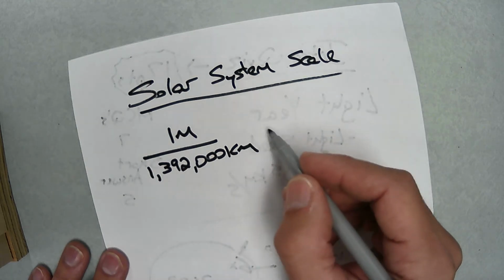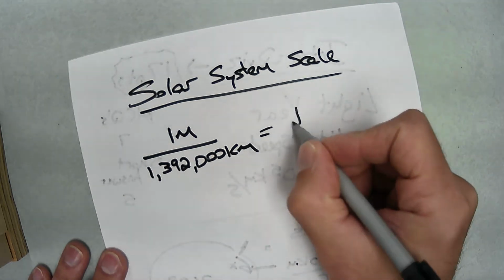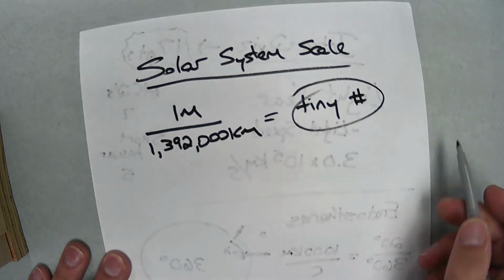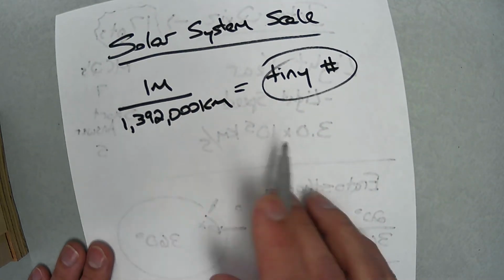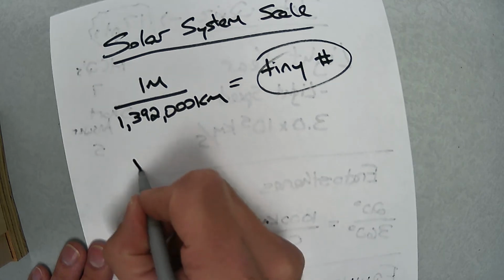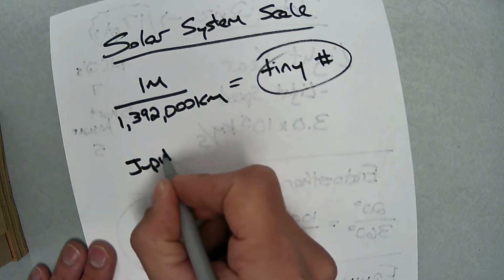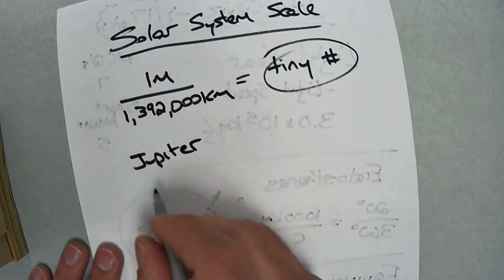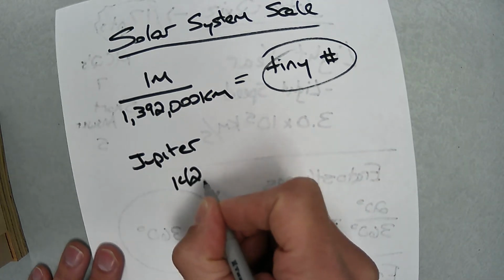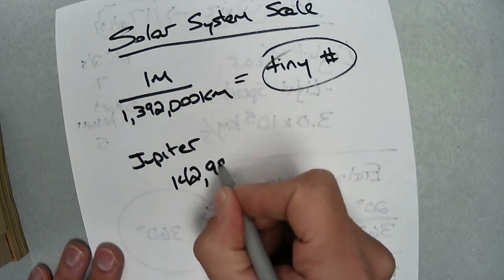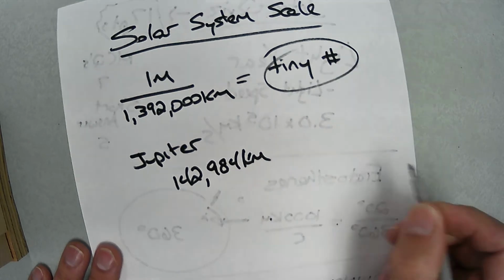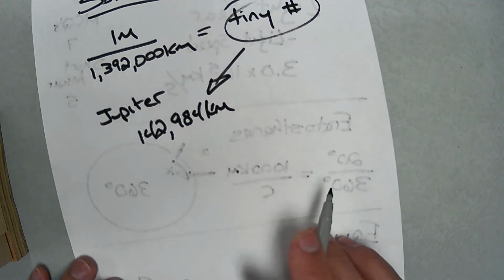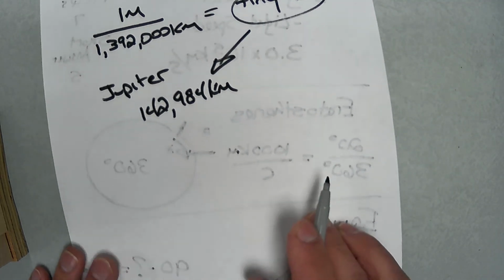You're going to get a really tiny number, okay? And that number we're going to use to multiply by anything to get our scale model. So let's say Jupiter has a diameter of 142,984 kilometers. Well, we just take that tiny number and multiply by that, and that will give us our scale model of Jupiter. Okay, that's what you guys did for that lab.